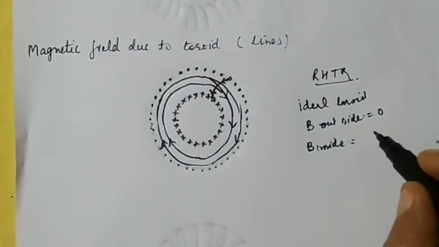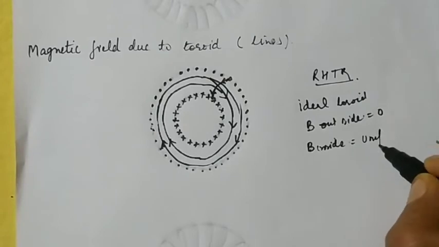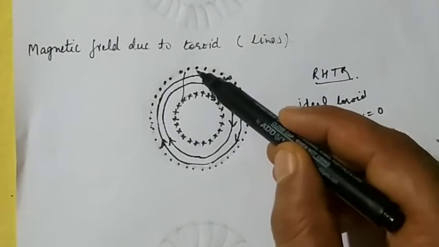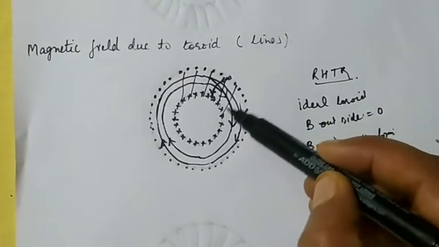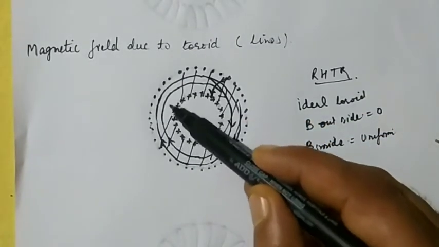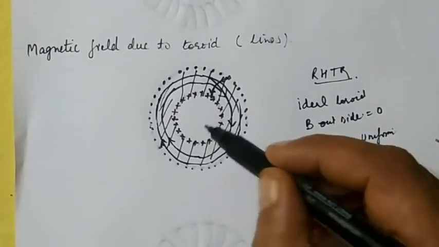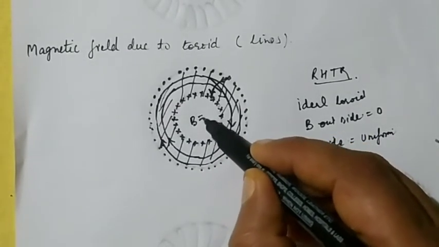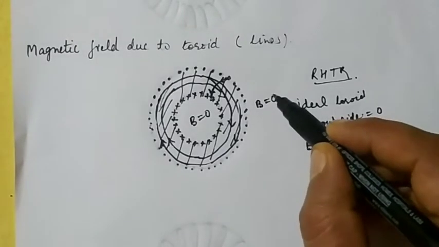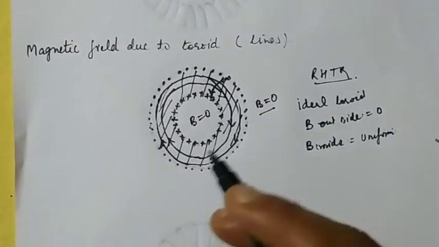The magnetic field inside the toroid is uniform, that is, in this region the magnetic field is uniform, and the magnetic field is 0 outside the toroid.